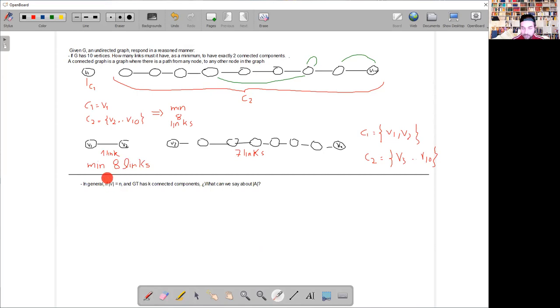This is the cardinality of the set of vertices, and this is the cardinality of the set of links. Well, in this case, there is a formula.